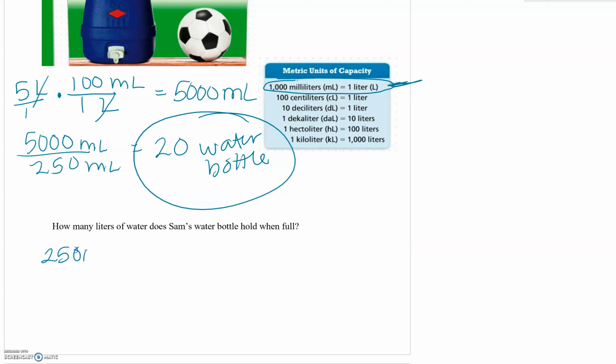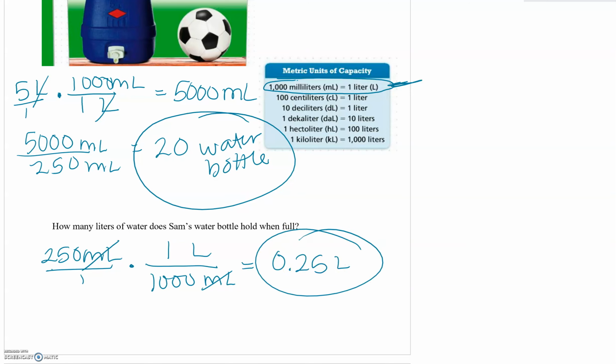So I have my 250 milliliters I start with and use my conversion factor, and I can change that up so that I have my 1 liter on top so that my milliliters cancel out there, so that I'm going to end up with 0.25 liters in each of those water bottles.